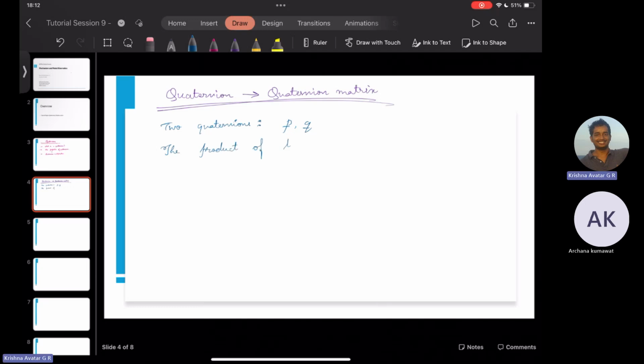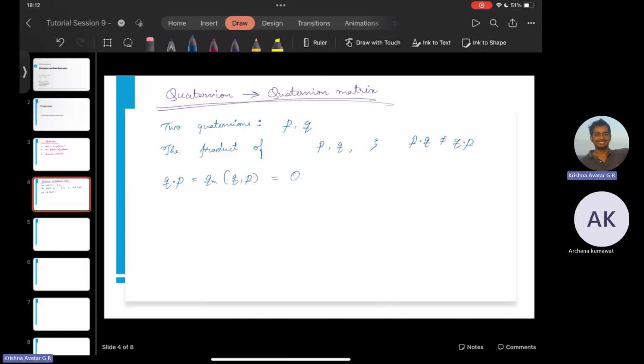The product of two quaternions, P and Q. And of course, we recall very well that P dot Q is not equal to Q dot P, right? So let's say we start with Q dot P. Q dot P gives us a quaternion, of course, which is essentially the product of two quaternions, Q and vector P.